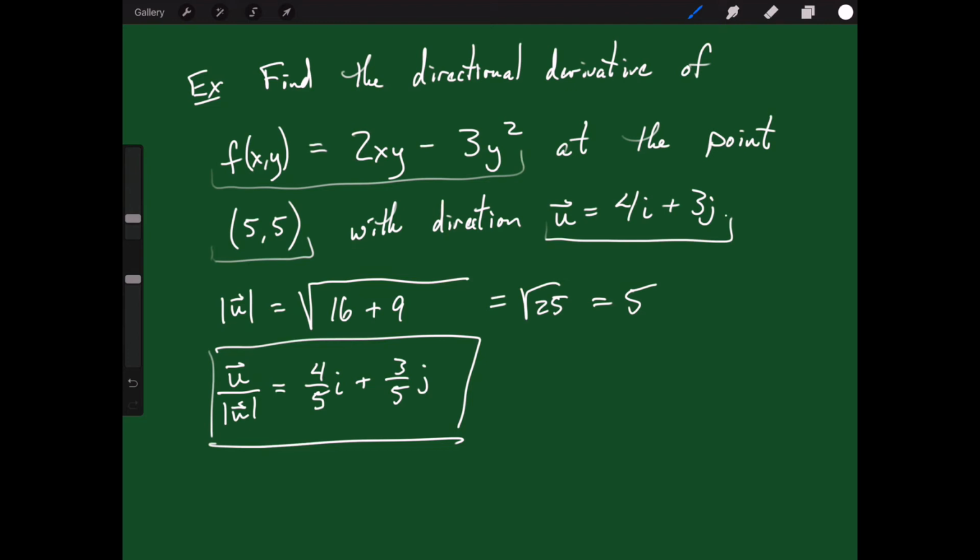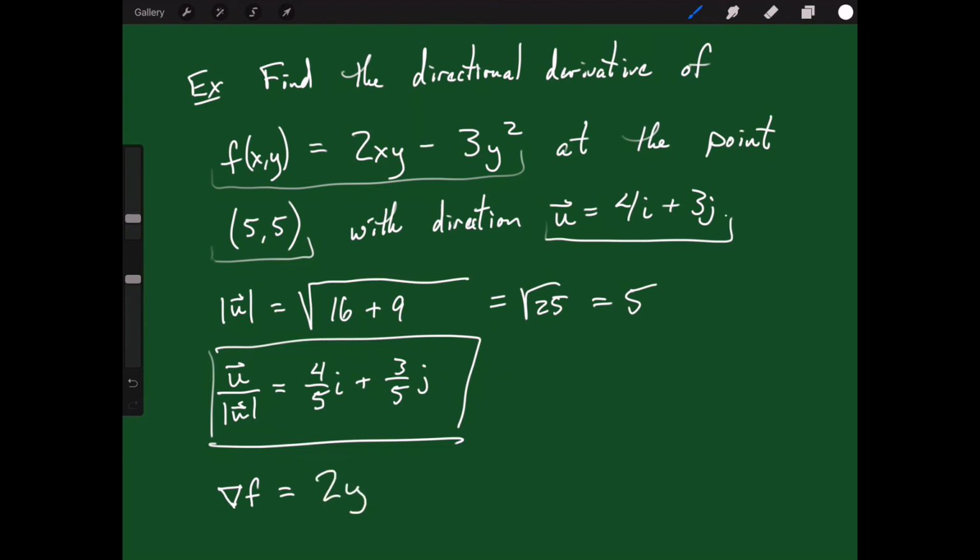So now all I really need to do is dot together my gradient vector with this unit vector. So I need to find, what is the gradient vector? Well, gradient of f, I won't plug in the point yet. I'm just going to take two partial derivatives. The partial derivative of the original function with respect to x is going to be 2y.